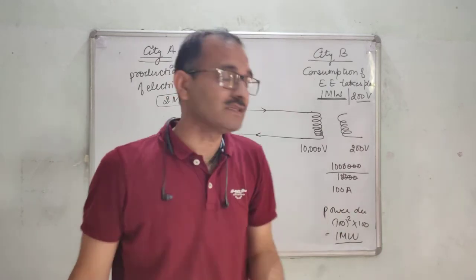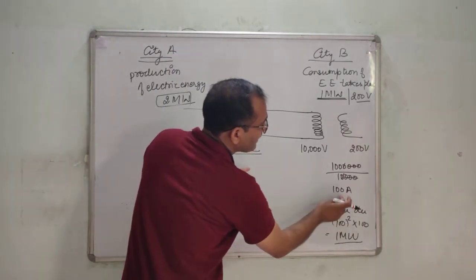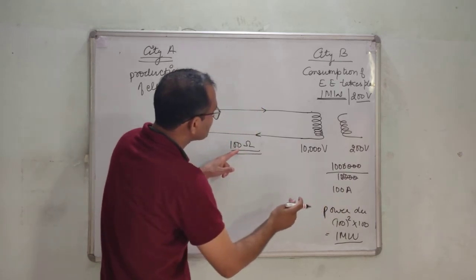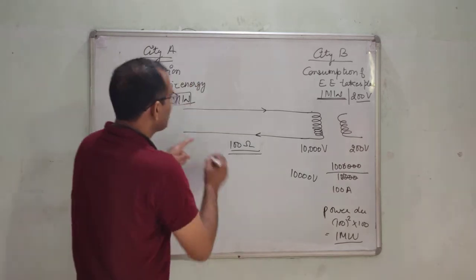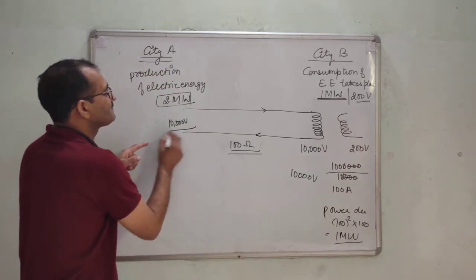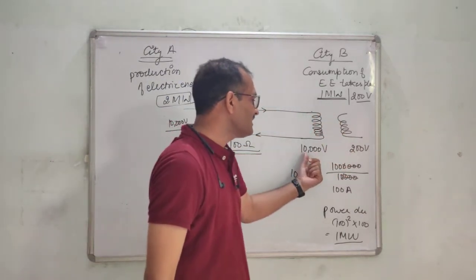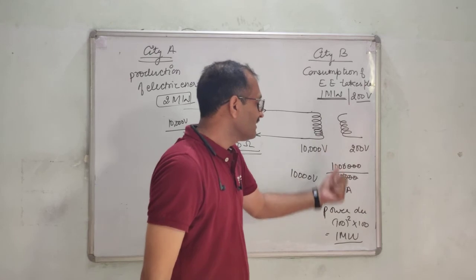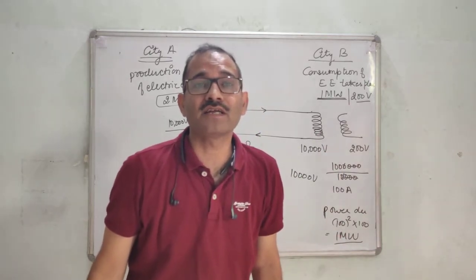And at what voltage? 100 ampere current, 100 ohm resistance. The potential difference will be equal to 10,000 volts. Therefore, the production voltage will be at 10,000 volts. That is, if we are receiving the energy at 10,000 volt, power losses are there.